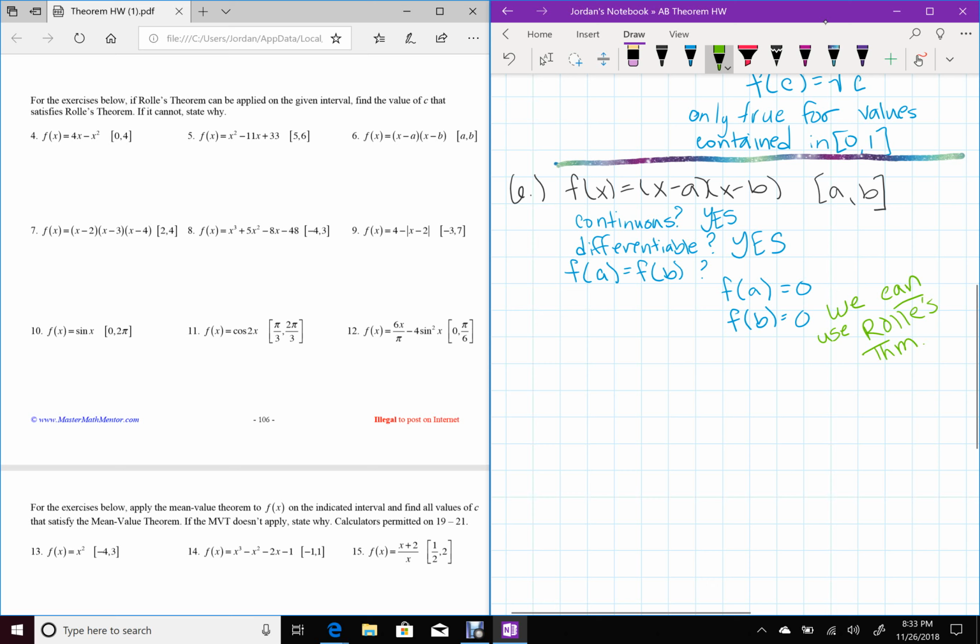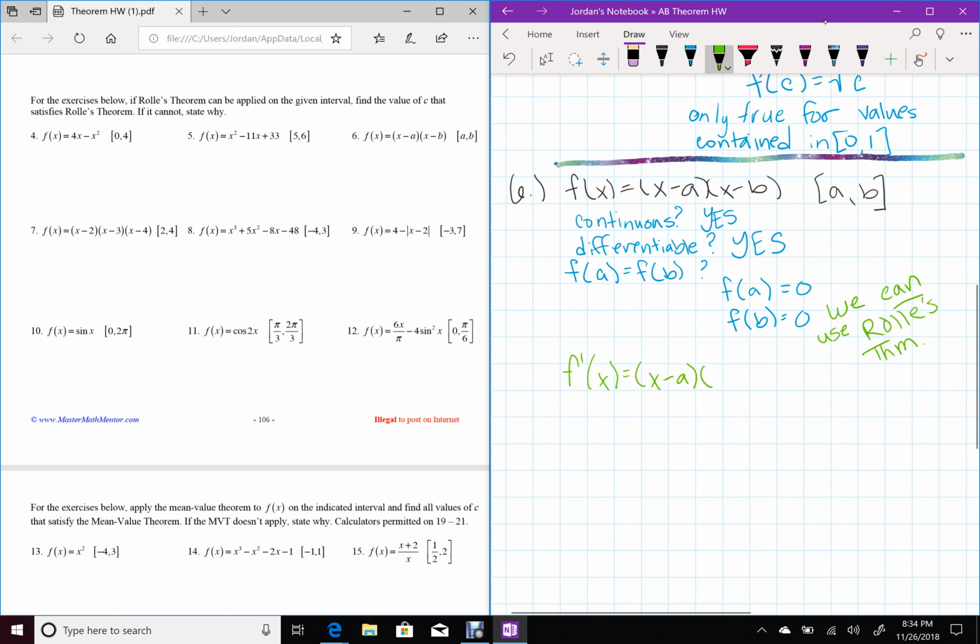Now, because Rolle's theorem says that there's some value, at least one, where the derivative is equal to 0 on the interval, we need to figure out what f prime of x is. And we're going to use product rule for that. So we do first d second.